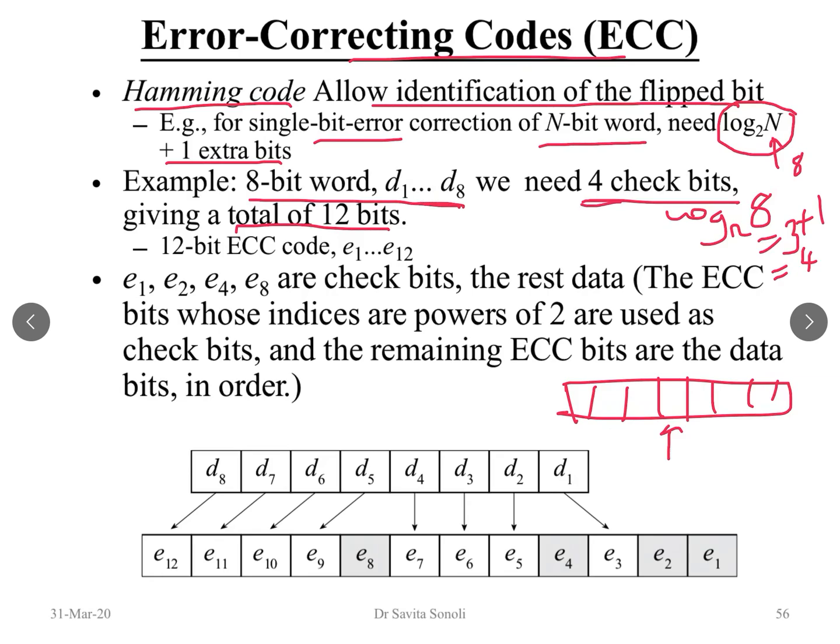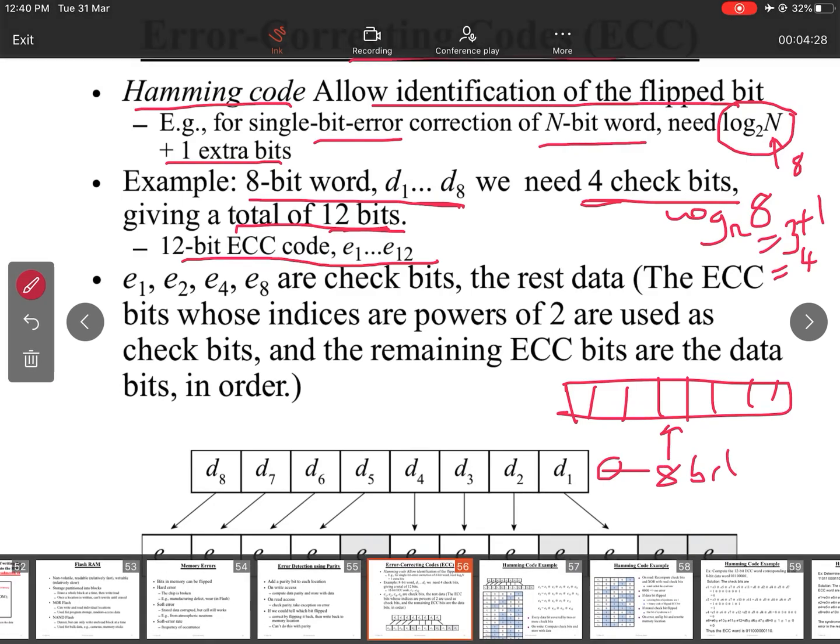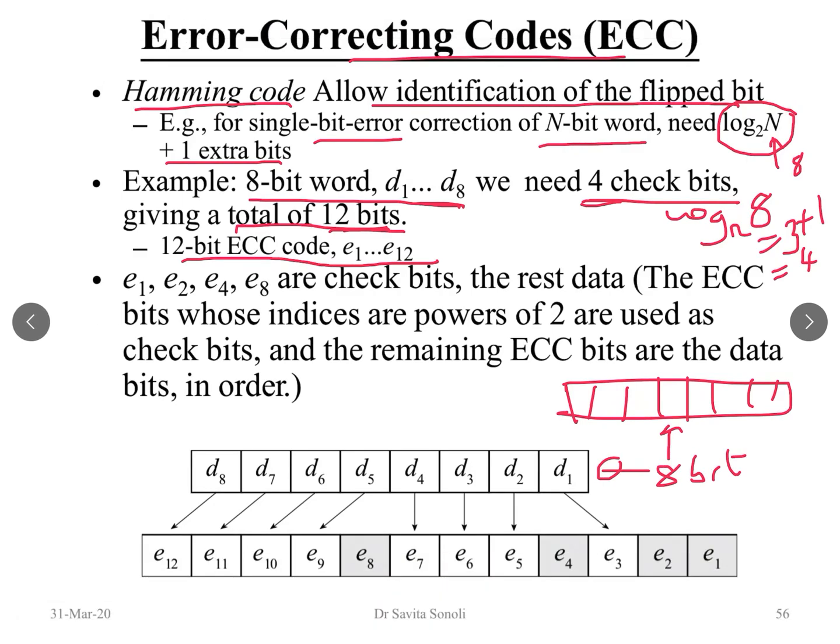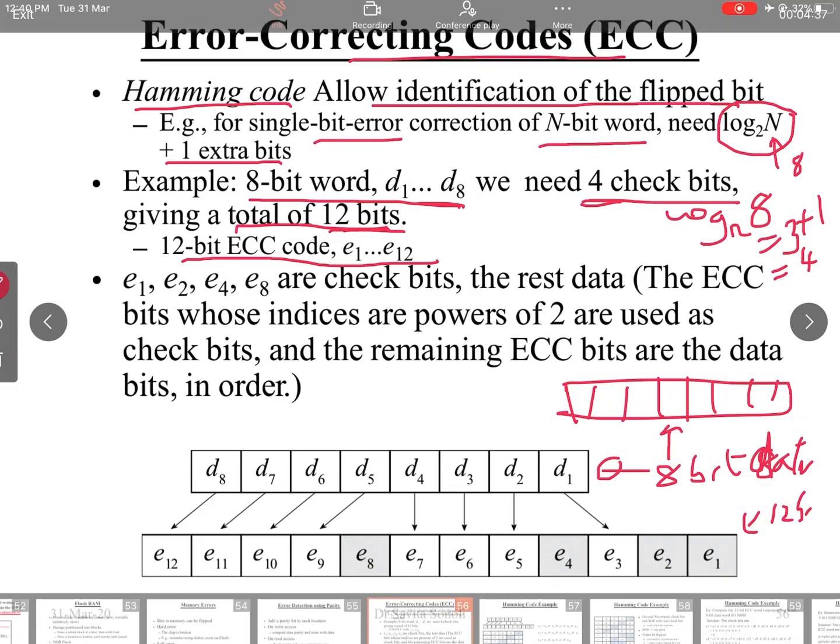So the total is how many bits for us? 12 bits. So the 12 bit ECC code will be E1 to E12. Okay, so now you are clear. You can see here we have an 8 bit data, then this is the 12 bit ECC.